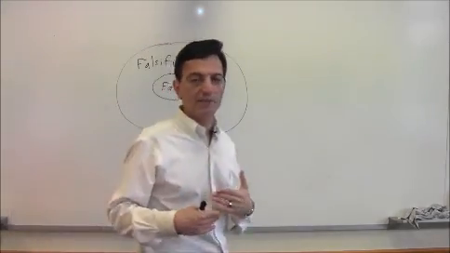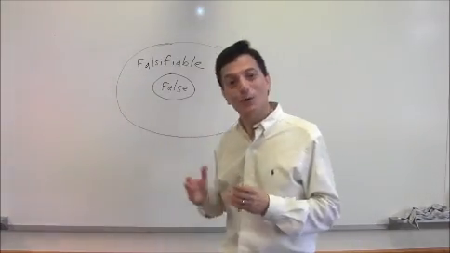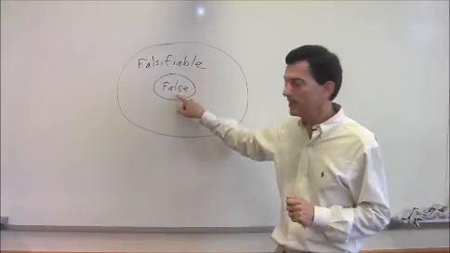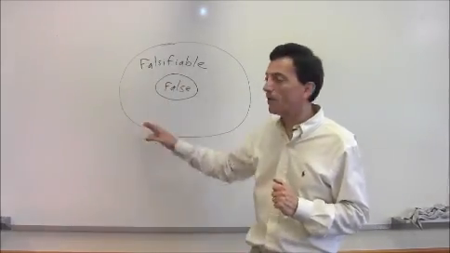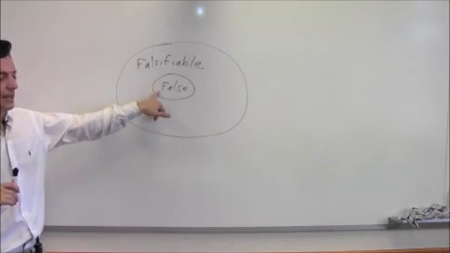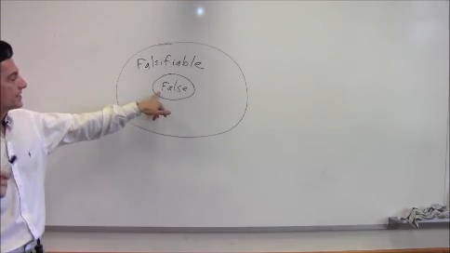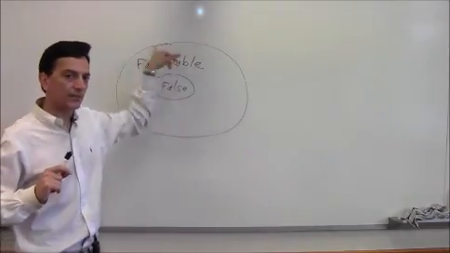A subset of those falsifiable claims might be shown by observation or by experiment to be false. Okay? And if you're telling me that something is false, you are implicitly telling me that something is falsifiable. Okay? So to say that something is false is in fact to imply that something is falsifiable.